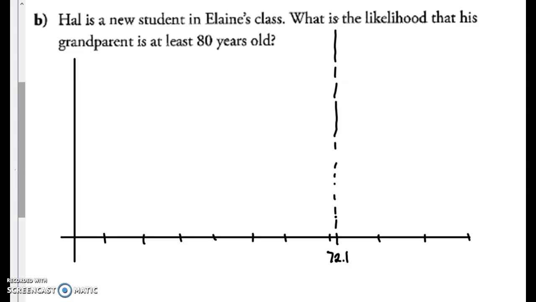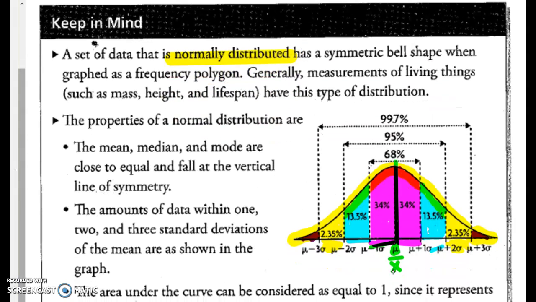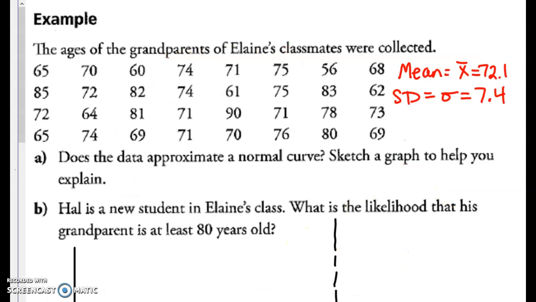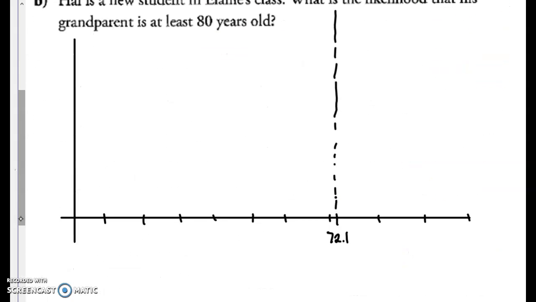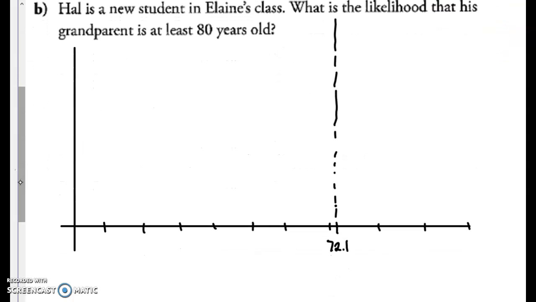Now it says, if we go back and look at this bell curve here, our average is the very center, and then one standard deviation away is our first quadrant. And our standard deviation is 7.4.